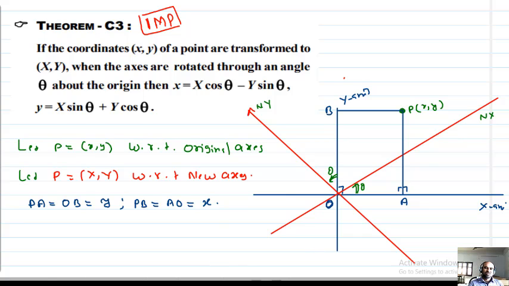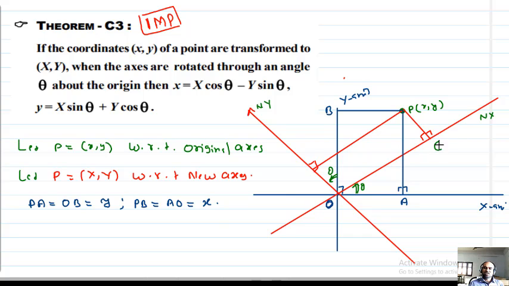Leave it. Next, from here we need to draw perpendicular on this. Okay students, listen now. Here perpendicular. A, B completed.